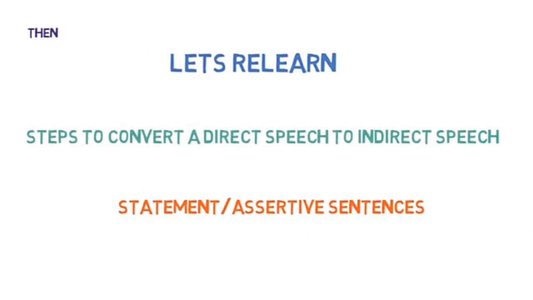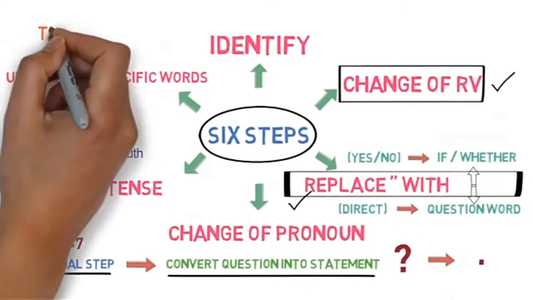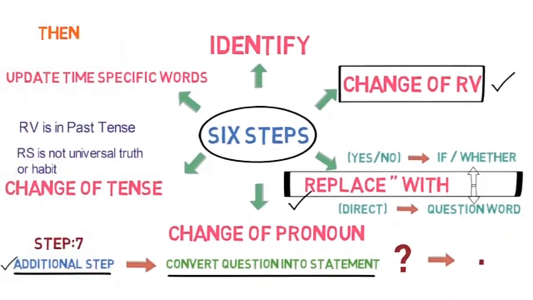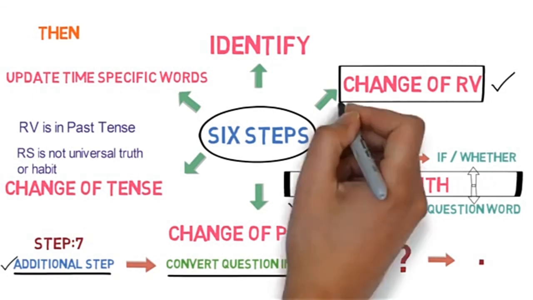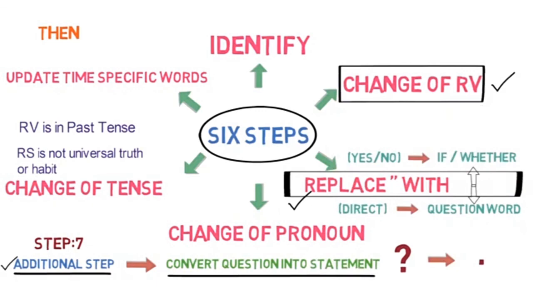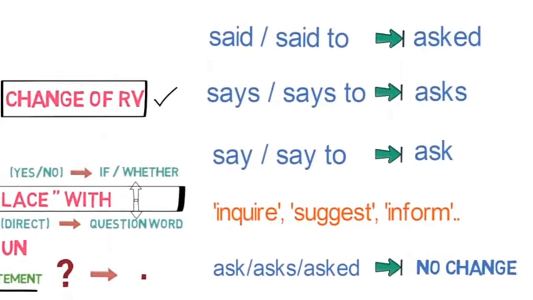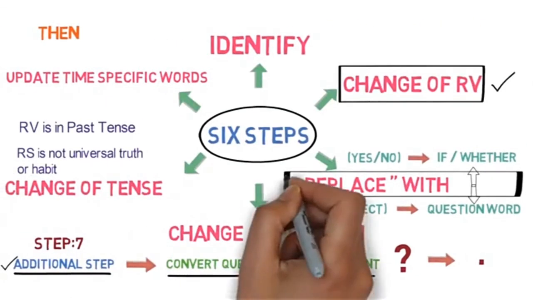Then we revised the 6-step formula of conversion from direct to indirect for assertive sentences. Then we looked into the 3 key differences when we are converting a direct to indirect sentence for interrogative type of questions. Number 1. Change of reporting verb. It will be changed as per this workflow. Number 2.